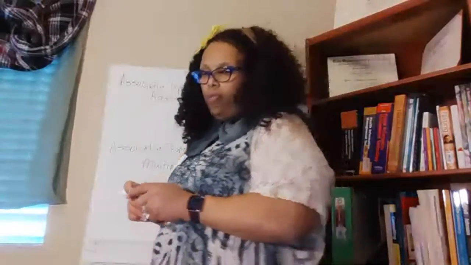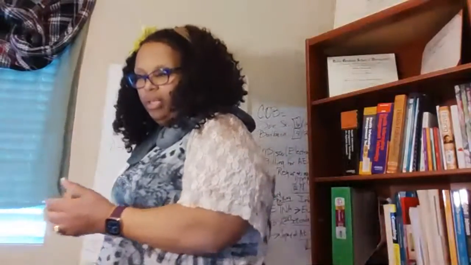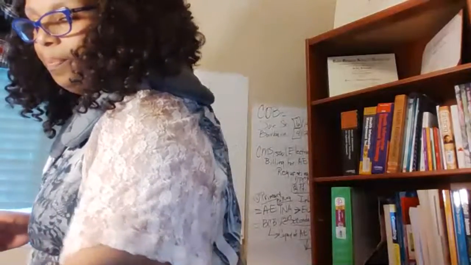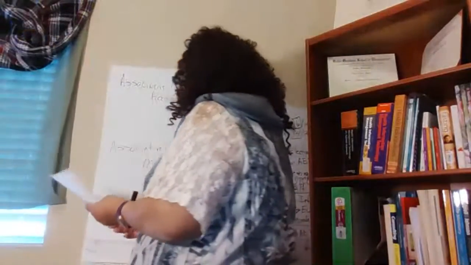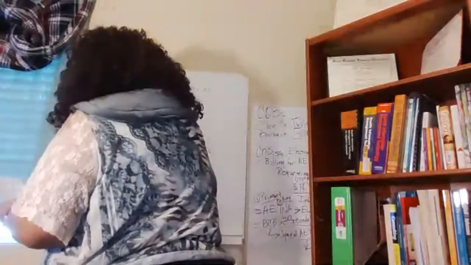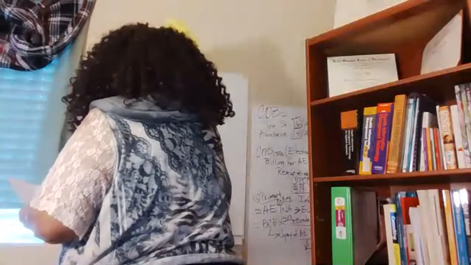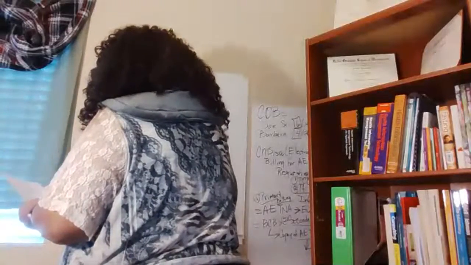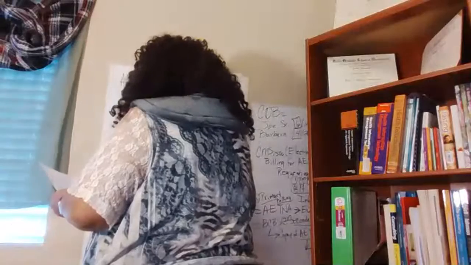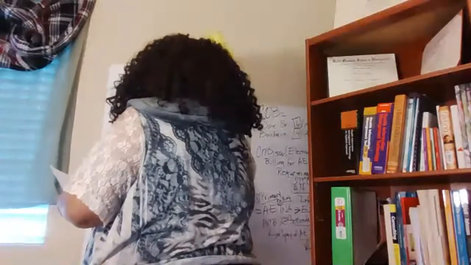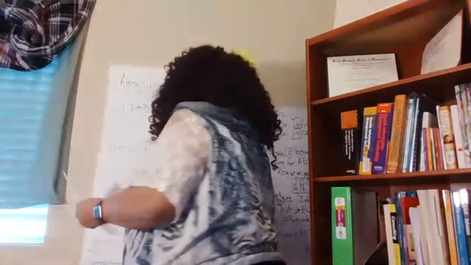Okay, so let's go back over the addition one that he just talked about today. Okay, so if I said 7 plus 3 plus 5 and 7 plus 3 plus 5, okay?